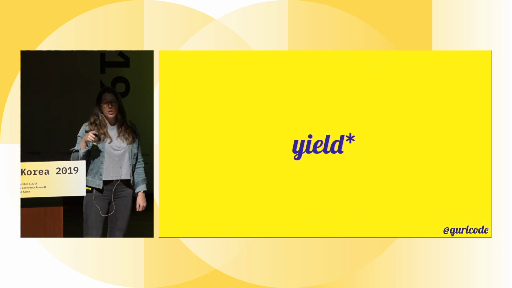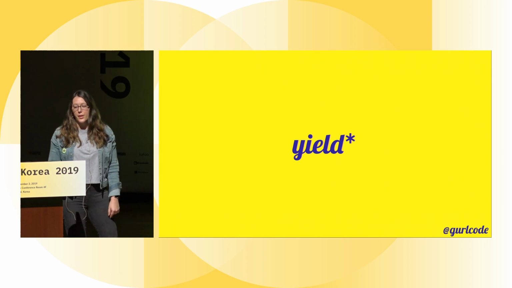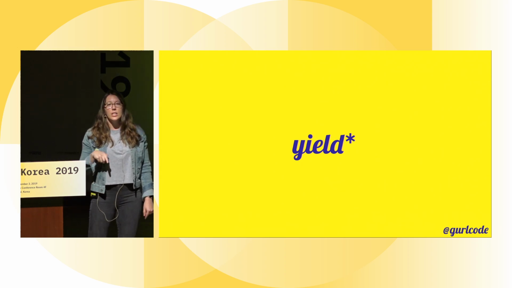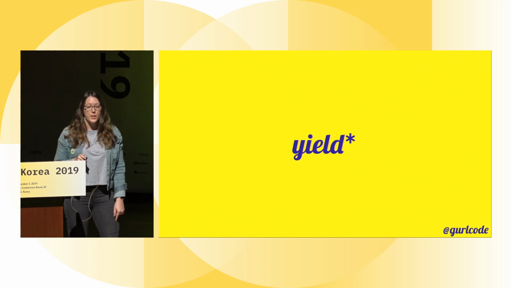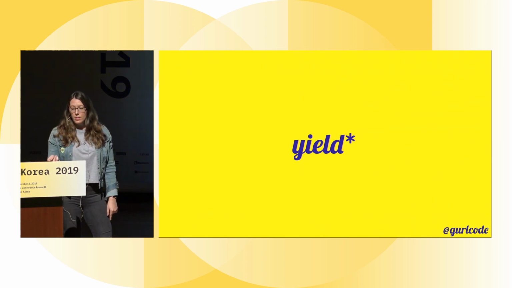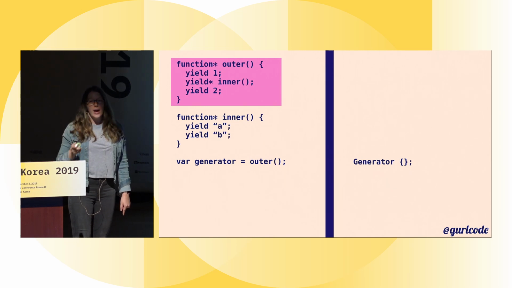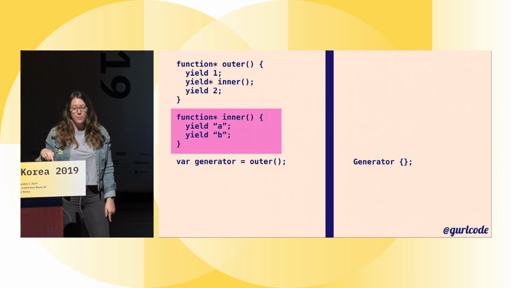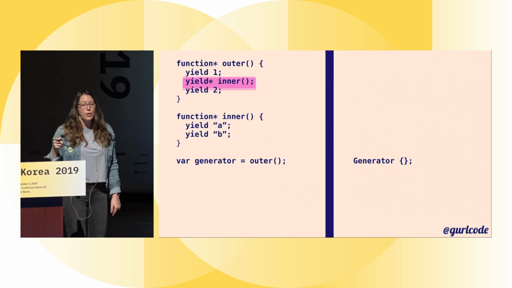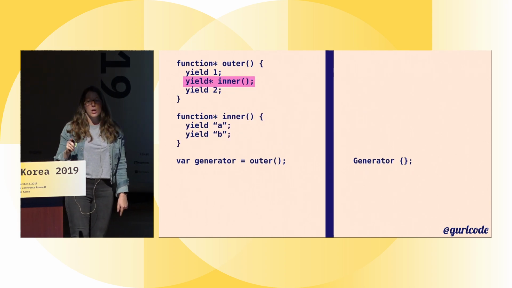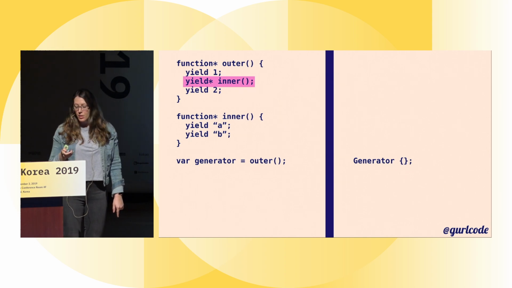Now, you can also call a generator from inside of another generator. To do that, you're going to need the yield star expression. To illustrate that, I have a generator function called outer and a generator function called inner. And you'll notice that outer is calling inner with the yield star expression in front of it.